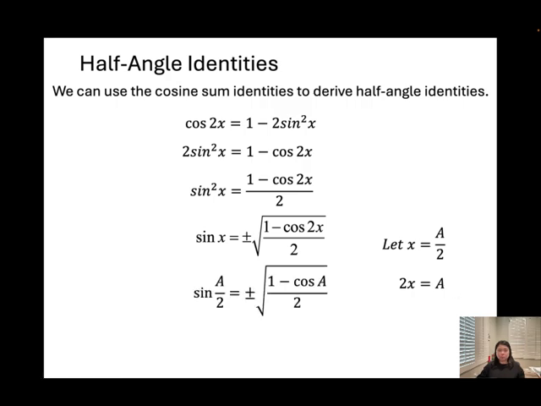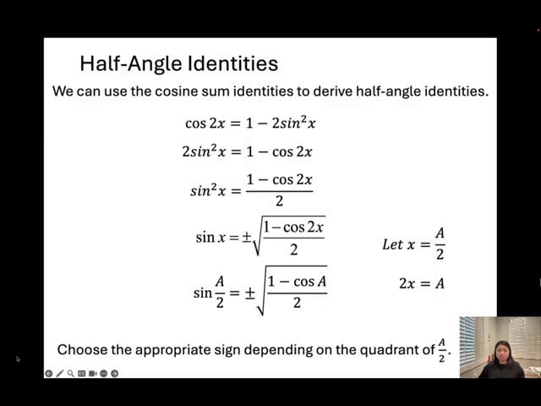So this is my half-angle identity for the sine. You will choose the appropriate sign depending on the quadrant of a over 2. You figure out what quadrant a over 2 is in and determine whether it's positive or negative.